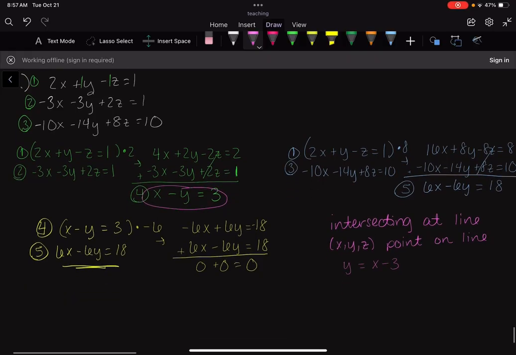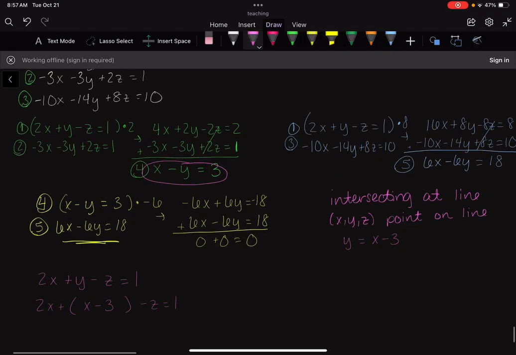This is always a little bit of a weird idea, but for your z equation, you actually only want it to have x inside of it. So I have a y, so I'm going to plug that in. So instead of y, I'm writing in x minus 3.